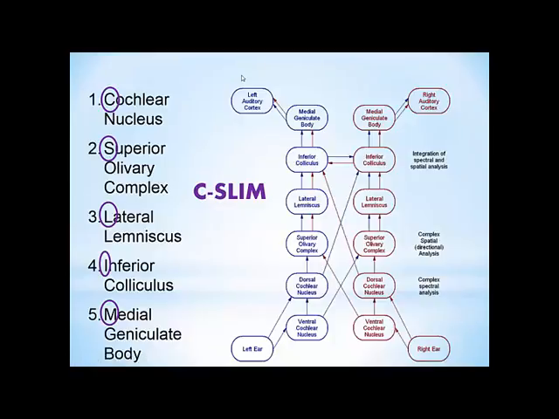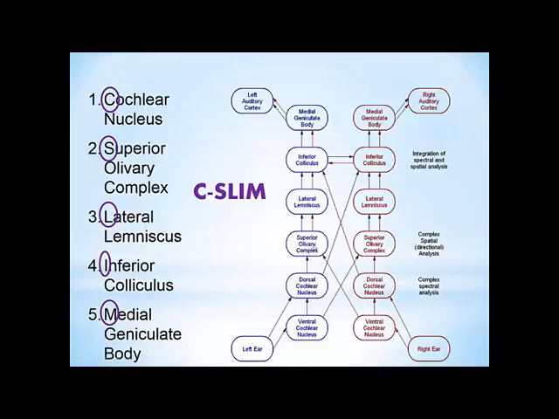A couple of things I just wanted to remind you about related to the central auditory system is, first, if you follow input from the left ear only, you'll see it goes directly to the cochlear nuclei on both sides, but then starting at the level of the SOC, both sides are getting input from the left ear.